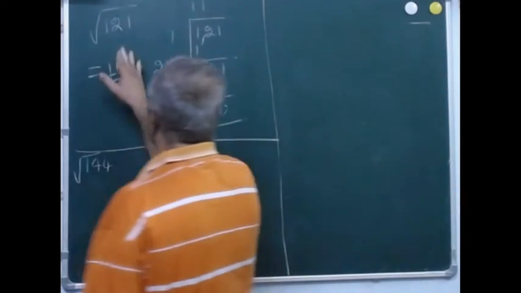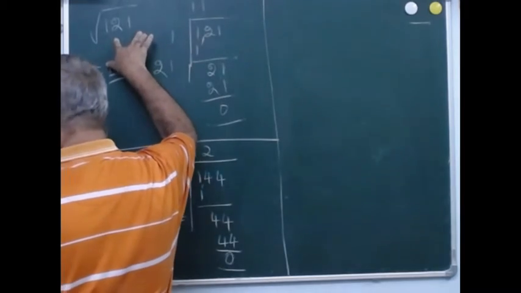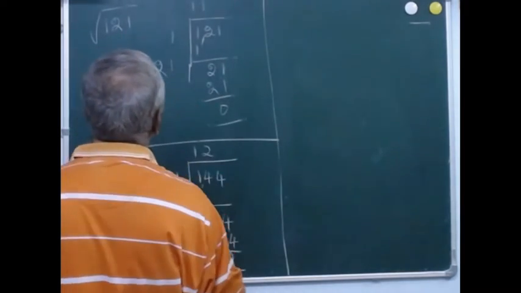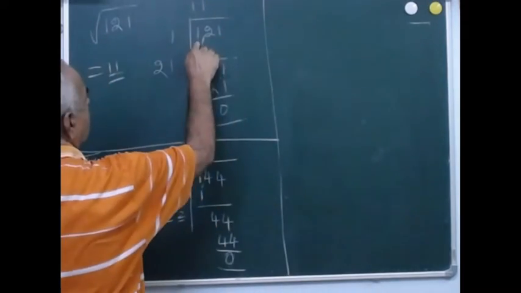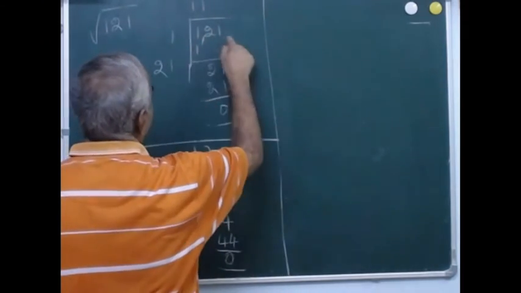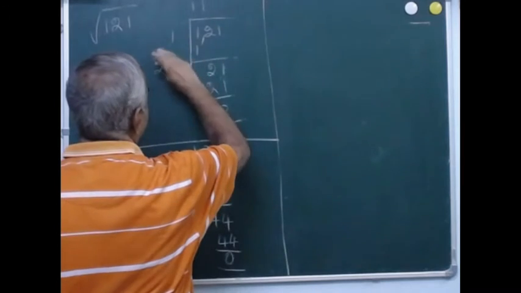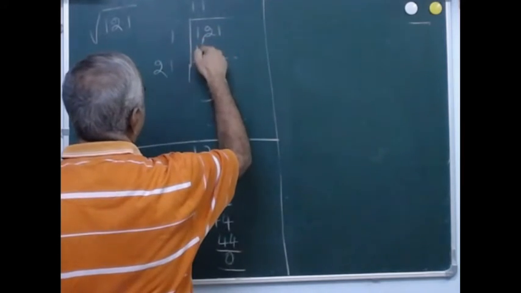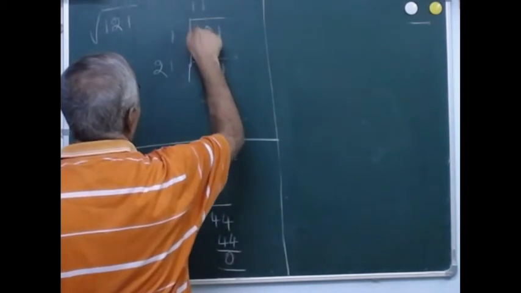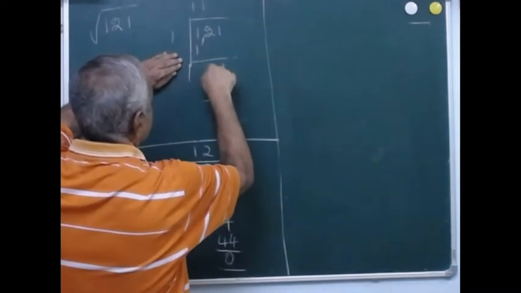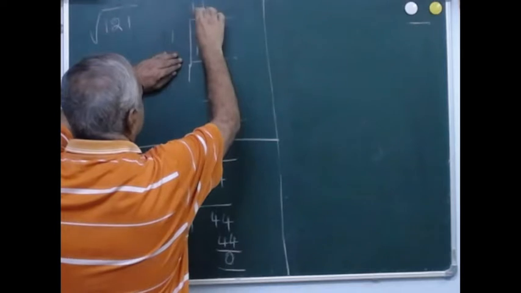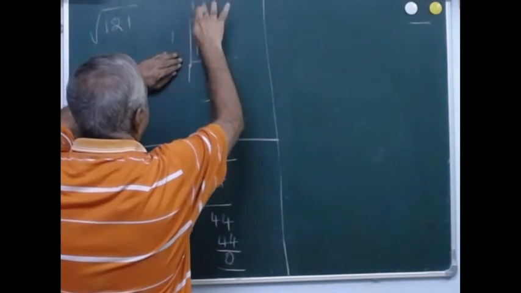Now let us consider the square root of 121. How to do it by the division method. You have 1, 2, 1. So take 2 digits from the right. So you put a comma here, and 1 into 1 is 1. Put 1. And then what you do is drop this 21. Now whatever number you have put should be multiplied here.